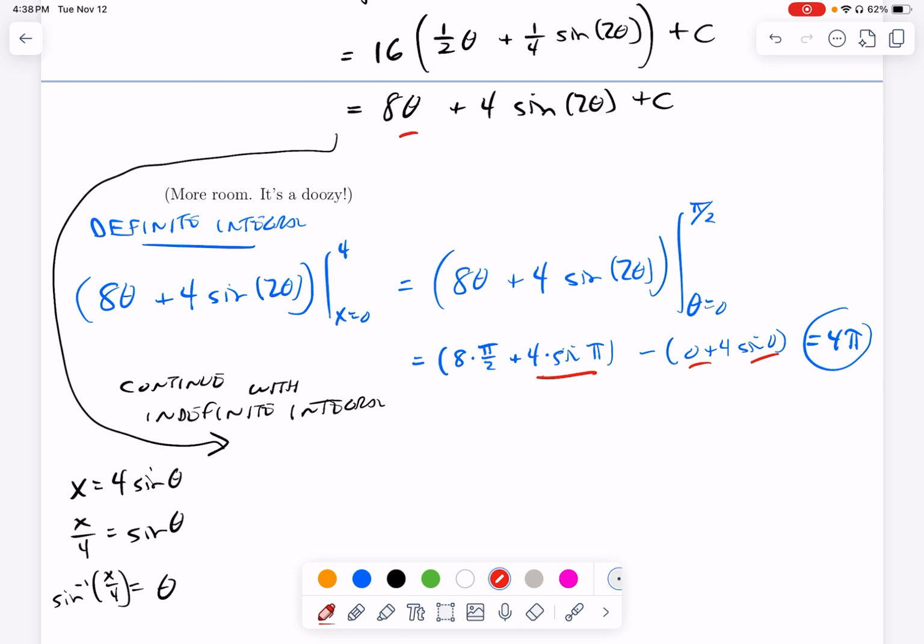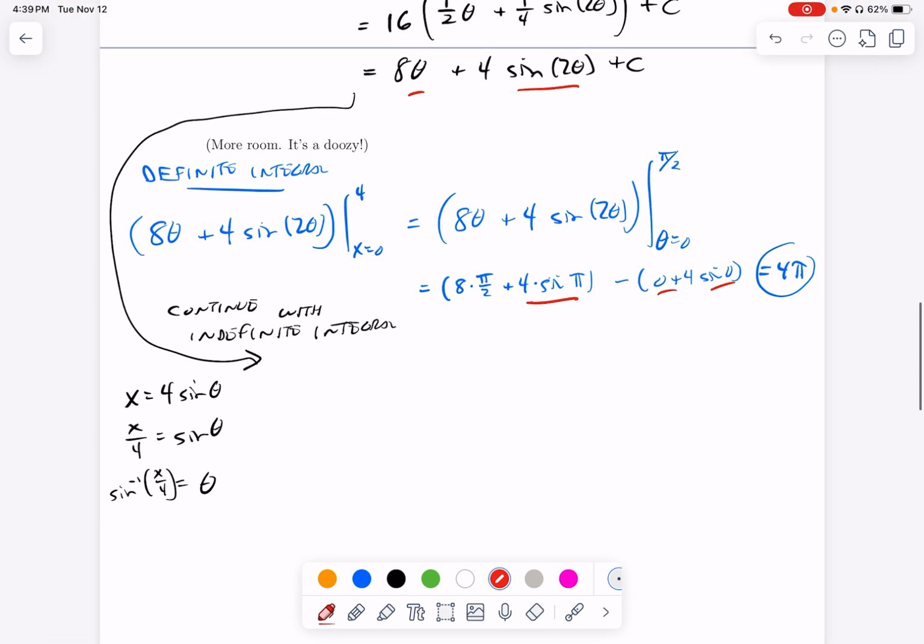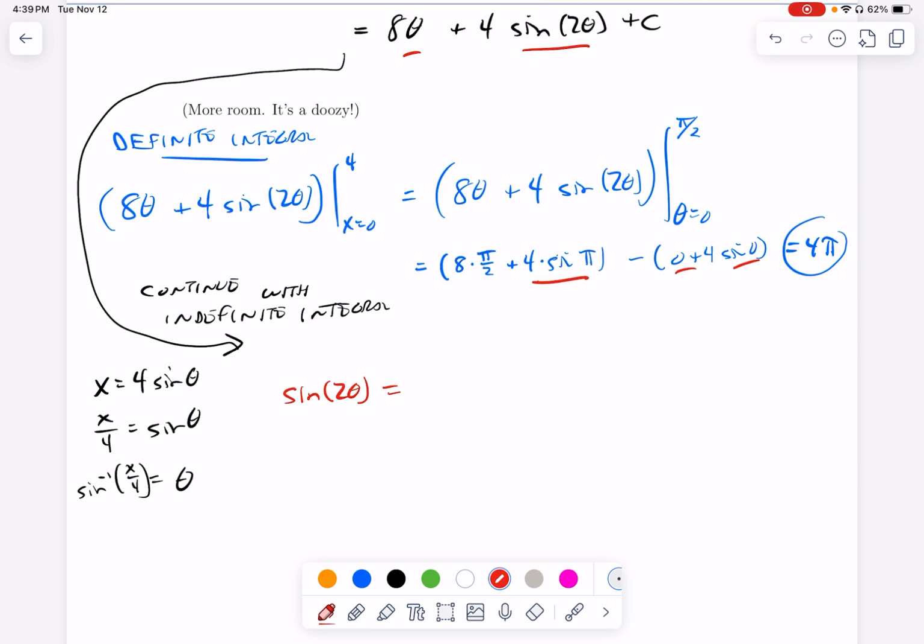But we also have to rewrite sine of 2 theta. So I'm just doing some scratch work here. Here is where I'm going to use that identity from before. I'm doing this kind of small because it's not really the main thrust of my problem.